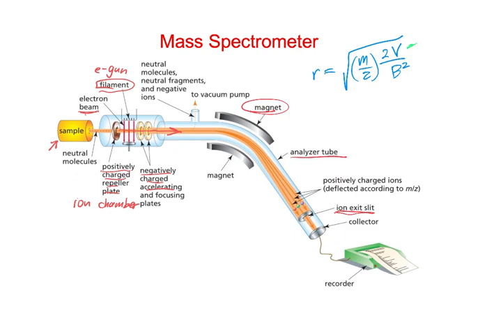Okay, so V is the voltage. This is across the accelerator plates from the repeller to the accelerator plates, this voltage difference. B is the magnetic field.